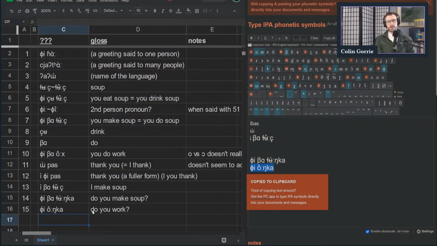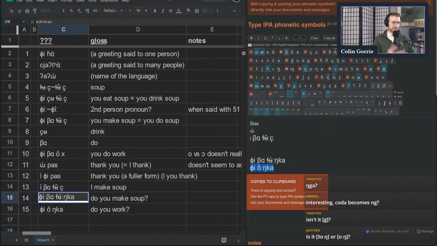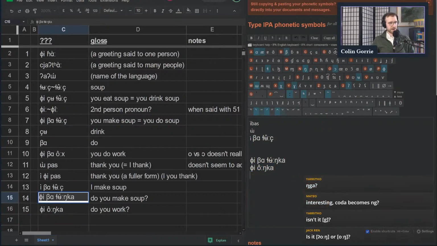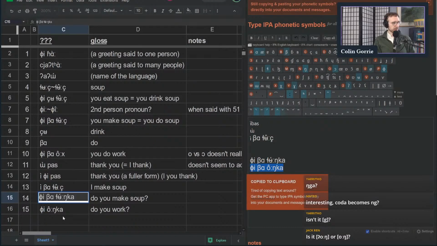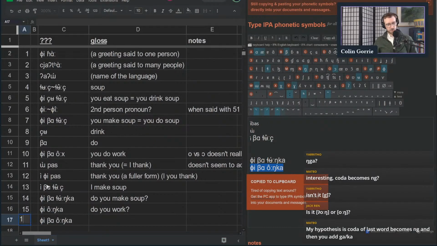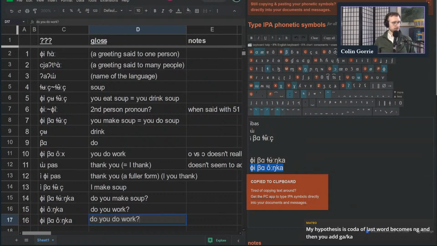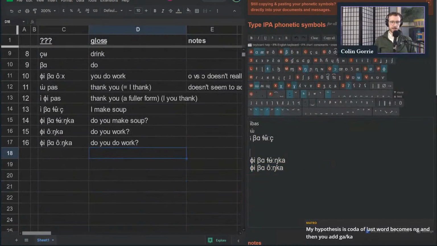Would you mind saying the version with the va? Fivaonga. And that makes sense. That's a fine way of saying it. It's like, do you do work? That's literally what it means. Well, we can certainly answer yes to that.